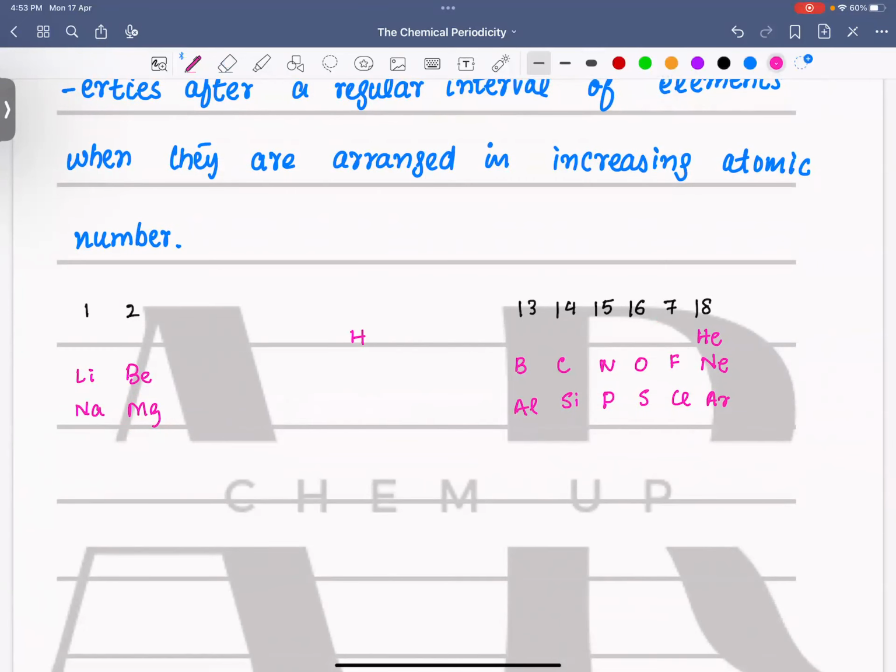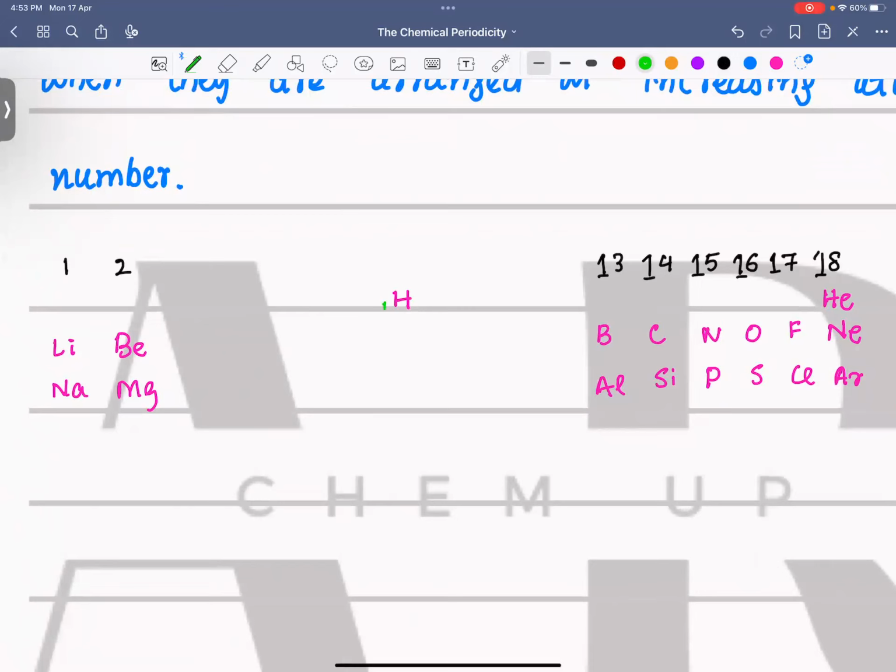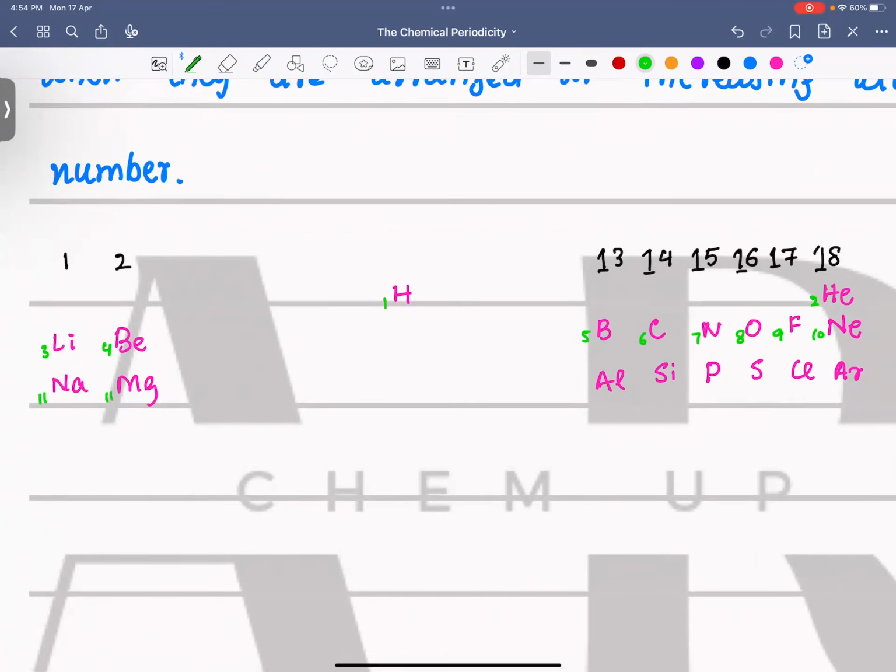So this is the periodic table, and I have drawn the first 3 periods and shown you the arrangement of the elements. If you look over here, its atomic number is 1. Then 2, 3, 4, 5, 6, 7, 8, 9, 10, 11, 12, 13, 14, 15, 16, 17, and 18.